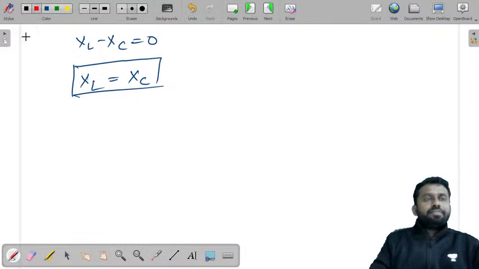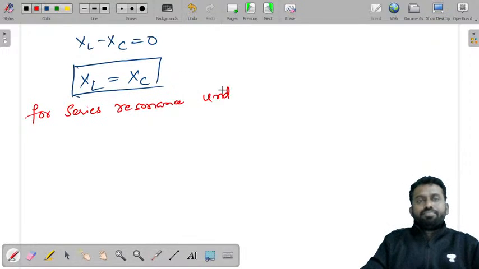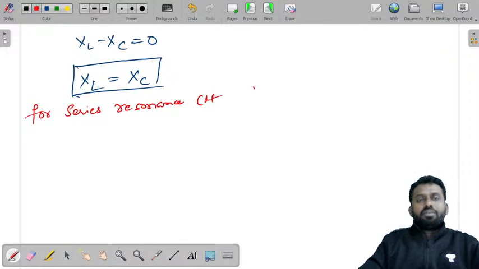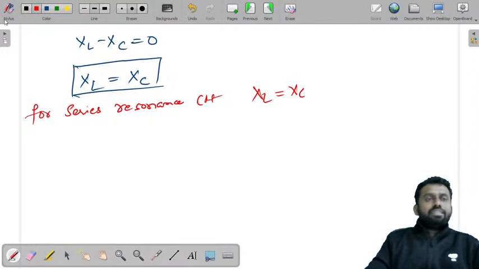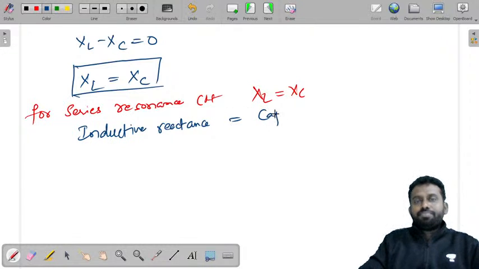Therefore, for a series resonance circuit, XL is equal to XC. That is inductive reactance is equal to capacitive reactance.